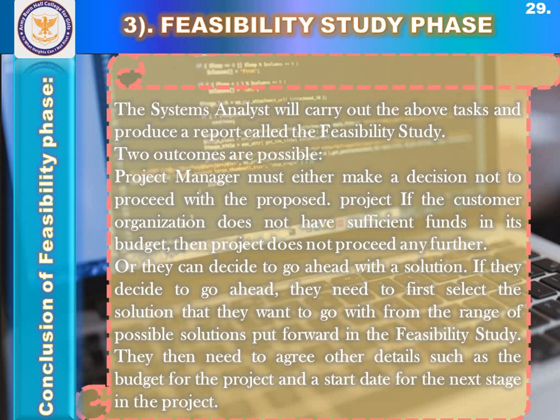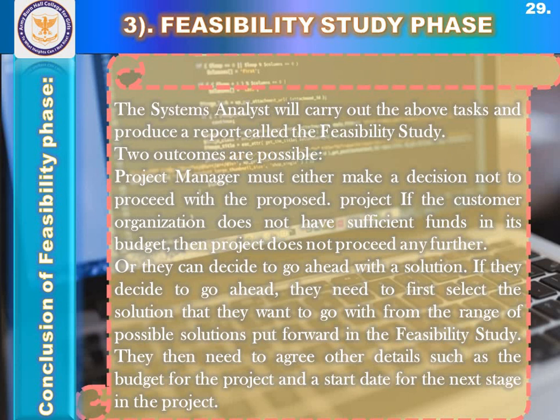Now, the point to be noted is that in the defining phase, the deliverable was a problem statement document, a document of requirements which was approved by the customer. The deliverable of the planning phase was the project charter or proposed project, while the deliverable of the feasibility phase is the feasibility study report.